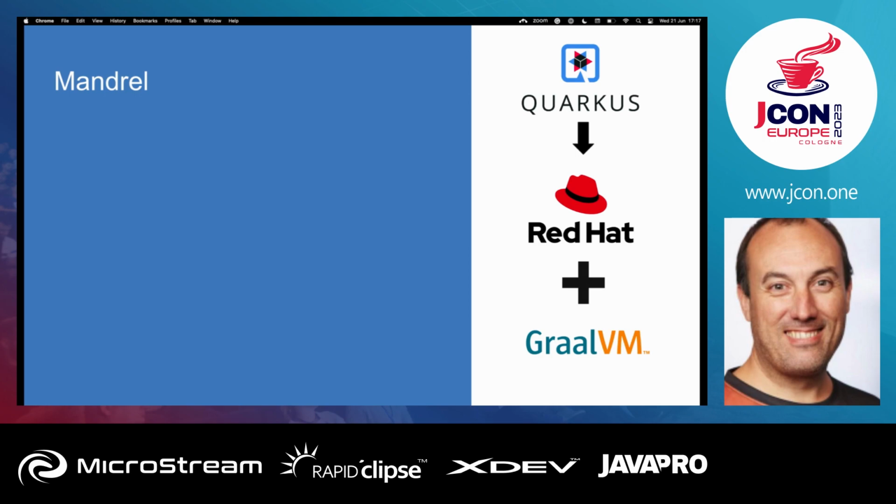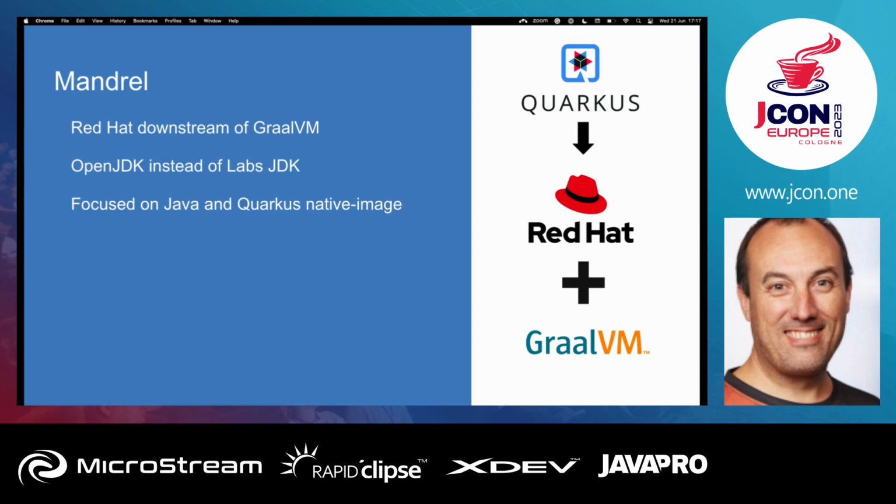I said that Quarkus is not using GraalVM directly. It's using Mandrel. And what is Mandrel? It's basically the Red Hat downstream of GraalVM, because it's maintained by them. It has OpenJDK instead of Oracle Labs JDK, and it's focused on Java. So the other languages are not taken into consideration.